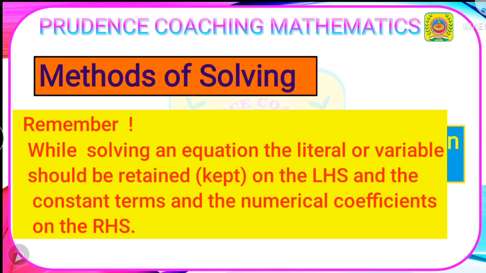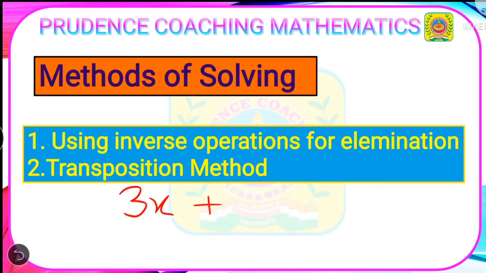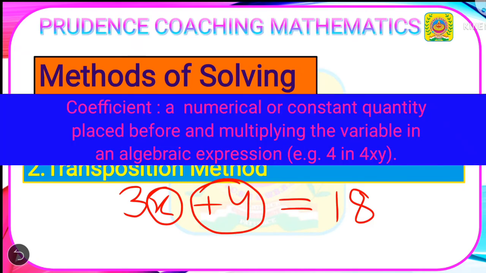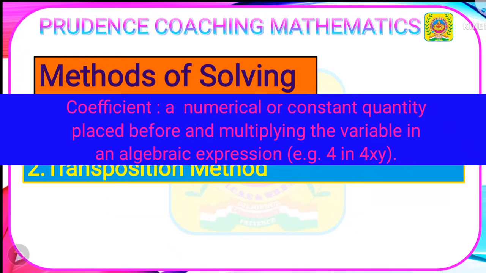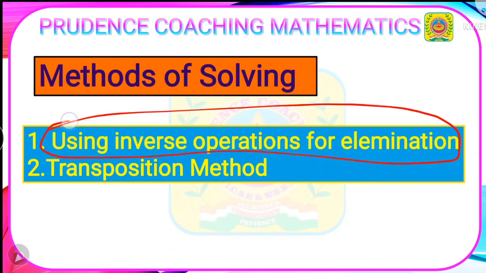For example, if we are given 3x plus 4 equals 18, here we need to keep only this x on the left hand side. Other things, that is this constant, and the coefficient, that is the number before the variable, all these things should be taken on the right hand side for solving the given equation. Let us understand the concept of the first method, that is using inverse operations for elimination.